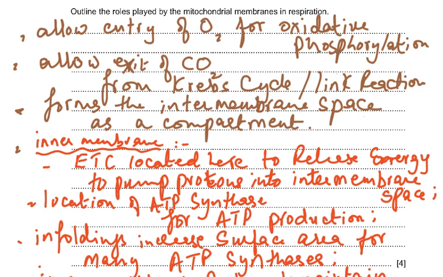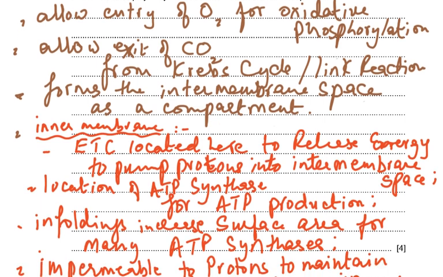Now you can see it allows the entry of oxygen for oxidative phosphorylation, allows the exit of CO2 from the Krebs cycle and the link reaction, and forms the intermembrane space as a compartment. If you go into more detail about the inner membrane, the ETC is located here to release energy to pump protons into the intermembrane space, and it is the location of ATP synthase for ATP production.